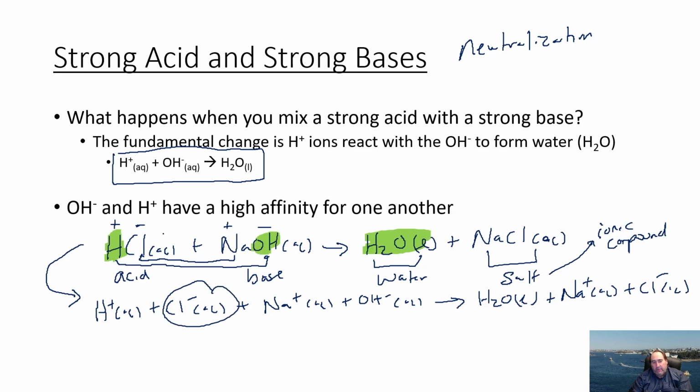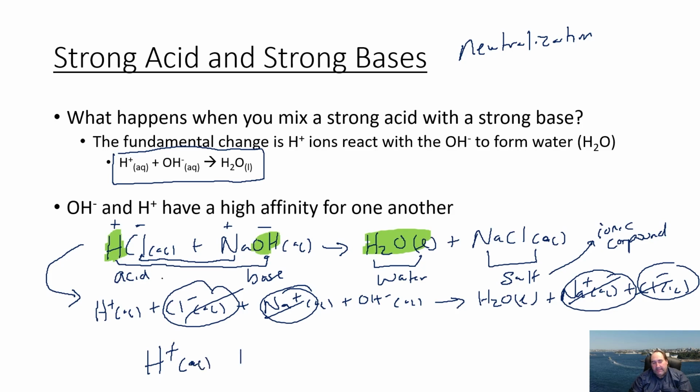Spectator ions here, chloride on both sides, sodium on both sides, going to cancel out, leaving us our net ionic equation of, surprise, surprise, a little H plus from the acid, getting together with the OH minus from the base. They have a very high affinity for each other to make water.